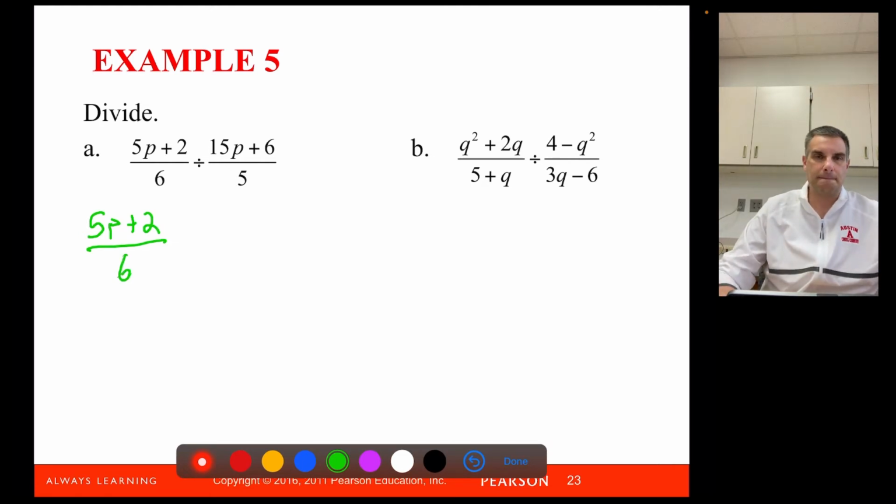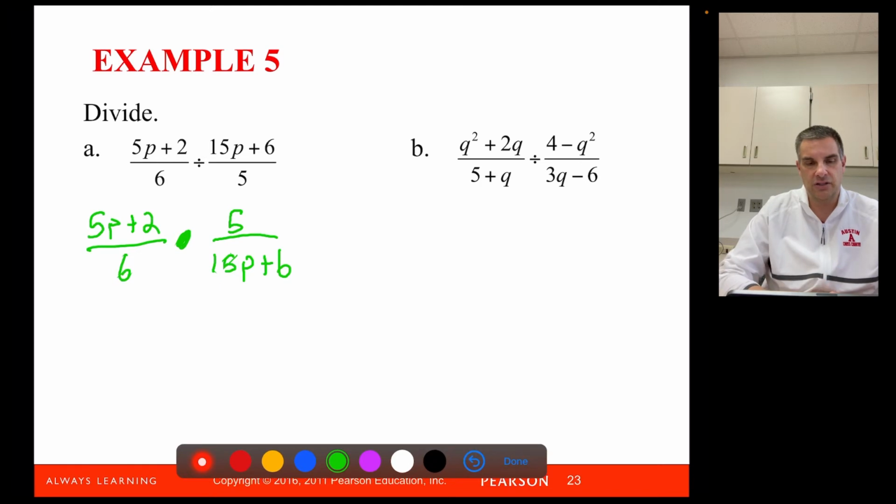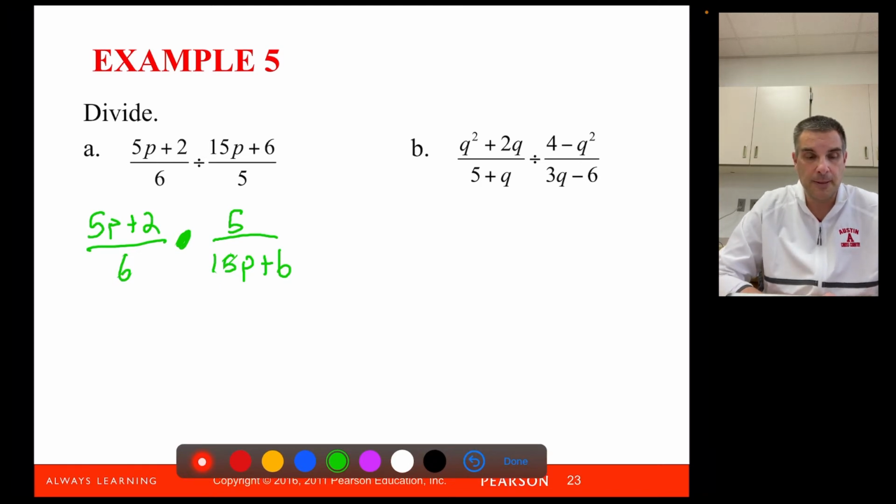Leave it alone. Now we're going to multiply by the reciprocal. So 15p plus 6 over 5, the reciprocal of that, so inverted, is 5 over 15p plus 6. Now we've turned it into a multiplication problem.